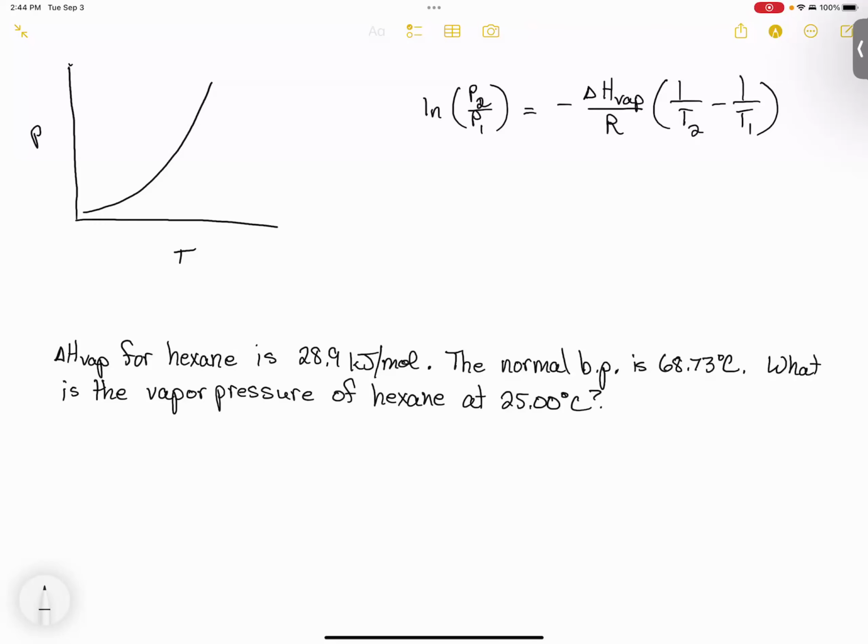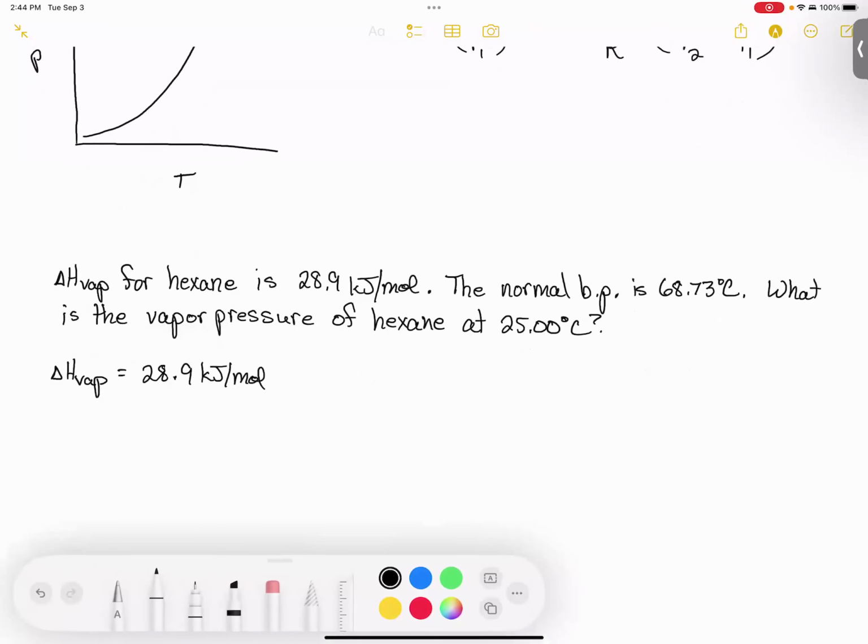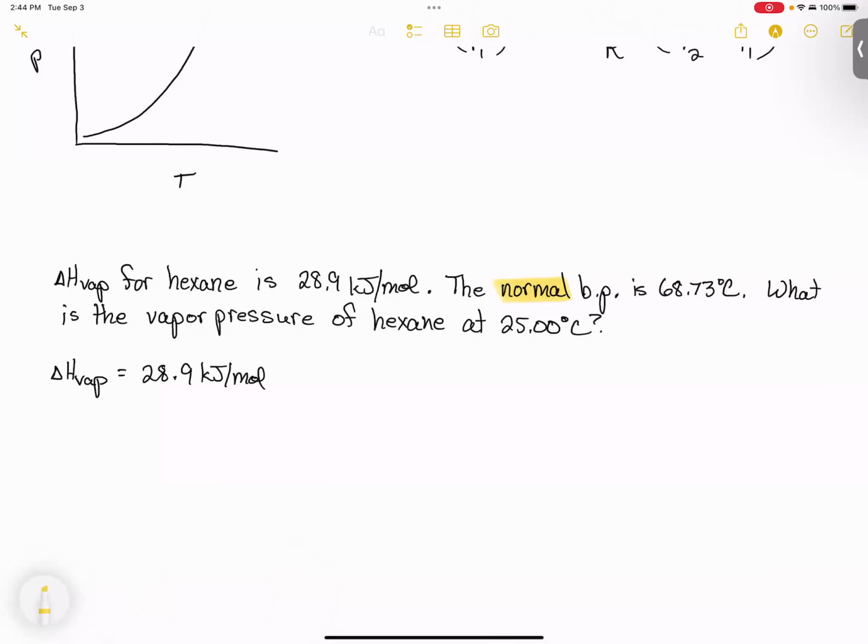So let's peel out the information that is given to us in this problem. First of all, we have the delta H of vaporization equal to 28.9 kilojoules per mole. The next thing I notice is this term normal, which we haven't discussed yet.